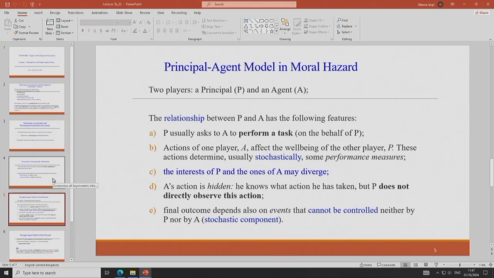This action determines, usually stochastically, some performance measure. What does that mean? What does the word stochastic mean?